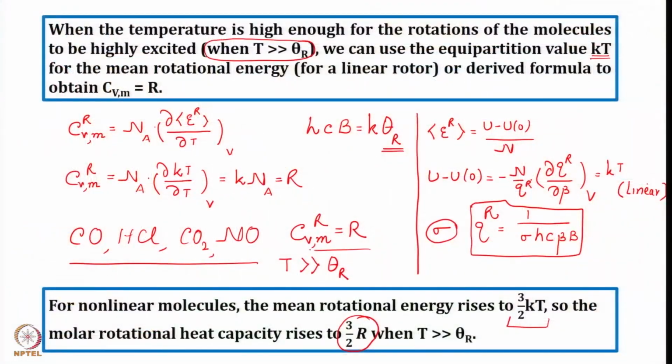For a linear rotor, the value will be equal to R, and for a non-linear rotor, it will be 3 by 2 R, provided the temperature is much higher than the rotational temperature. All right.